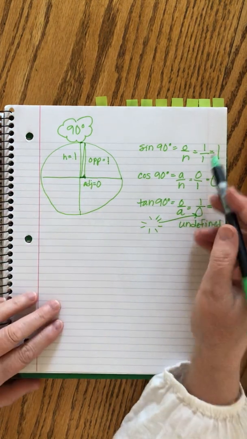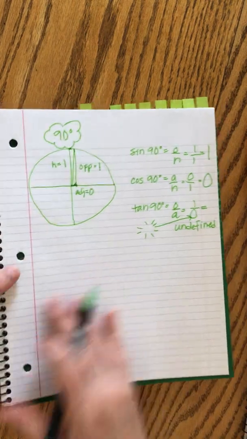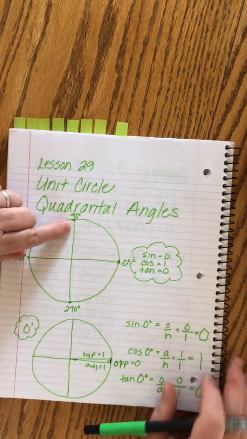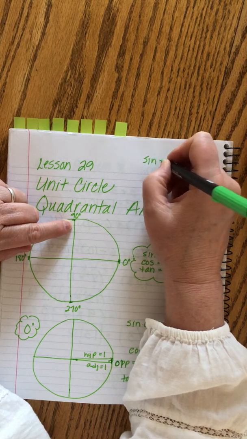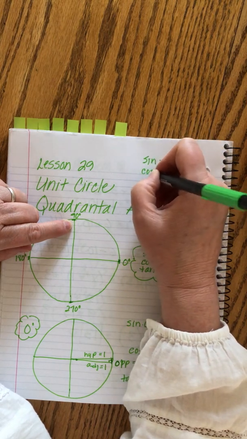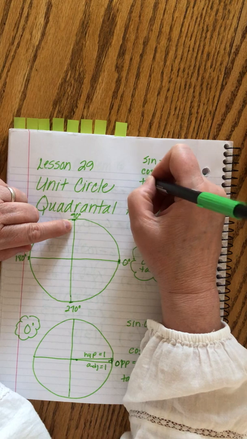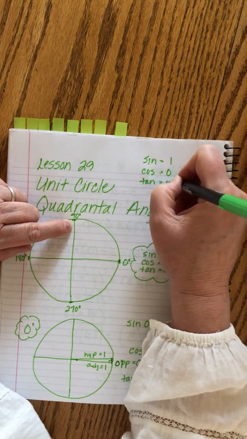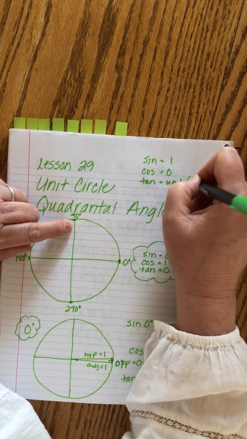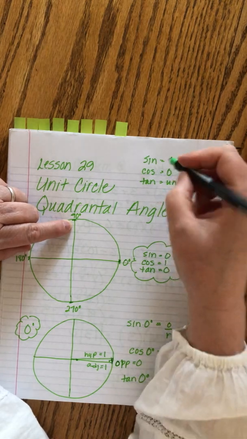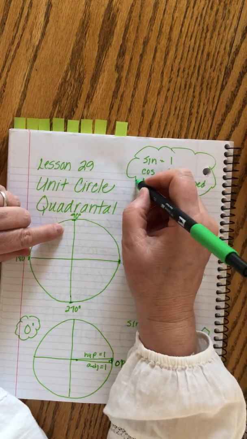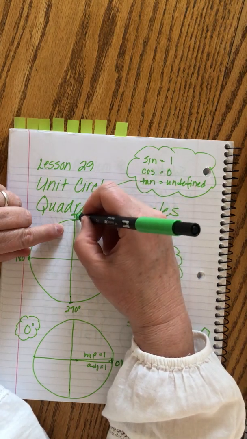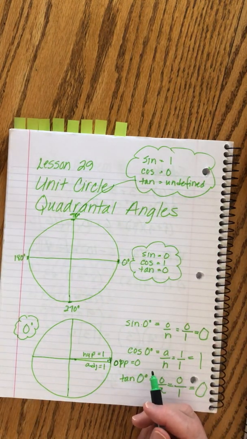So 1, 0, undefined. Let's go add that to our list. 90 degrees, I'm gonna put it up here. Sine is 1, cosine is 0, and tangent is undefined. And that is the information about our 90-degree quadrantal angle.